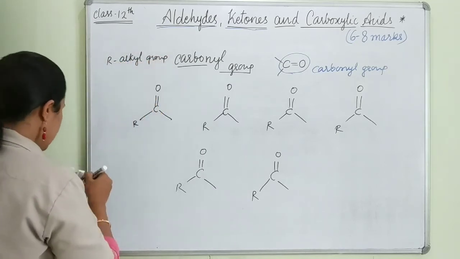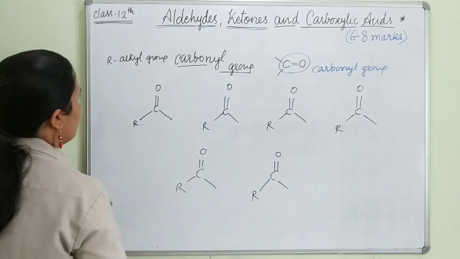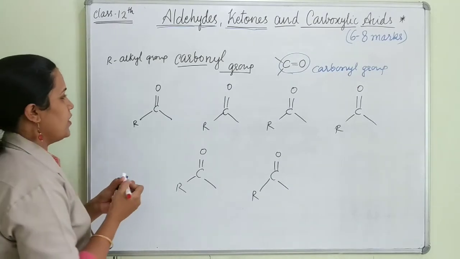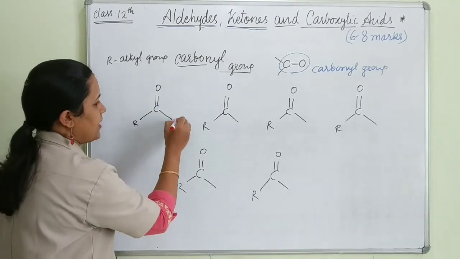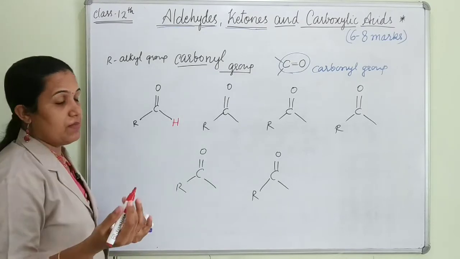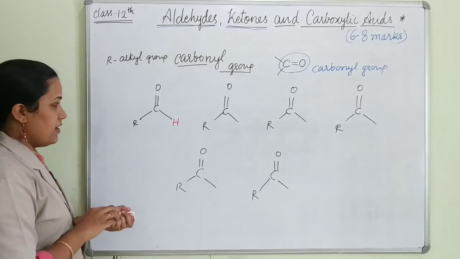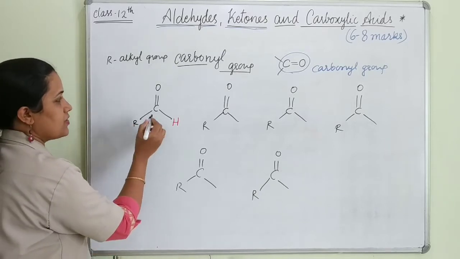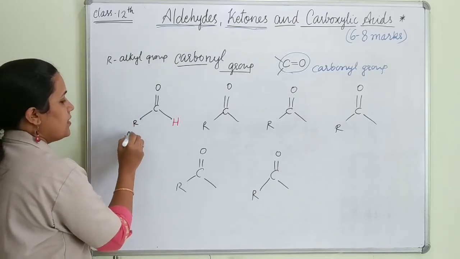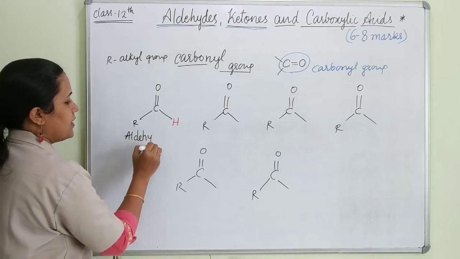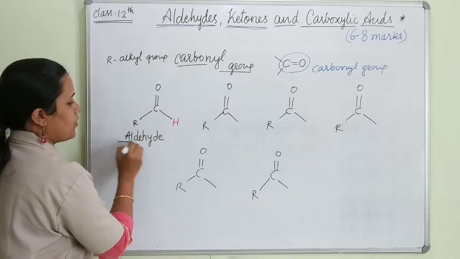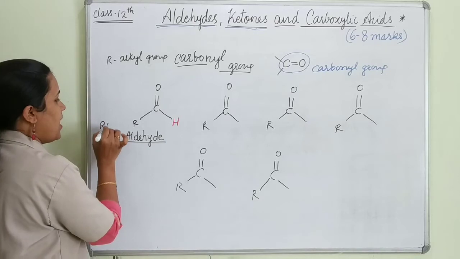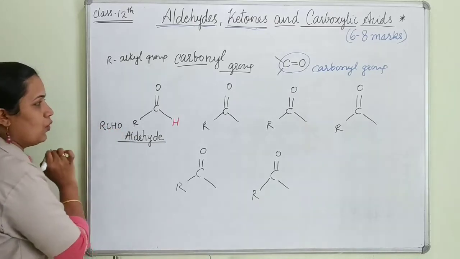Now if H is attached to this carbonyl group, with one R and another H, then it is known as an aldehyde, because the formula is RCHO.